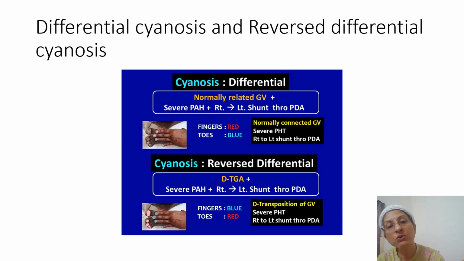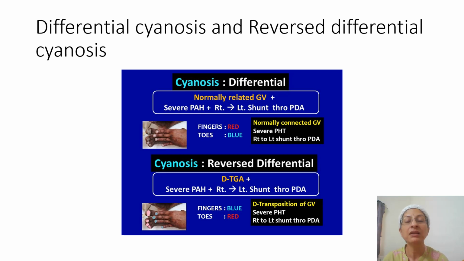By differential cyanosis, we mean that the fingers will be having red color, whereas the great toes and the smaller toes, that is the toes of the feet, they will be having blueness. So why does this occur, and in which condition does this occur? It is because of certain open pathways which result in shunting of blood in particular places of the body, resulting in some parts being red and some parts being blue.